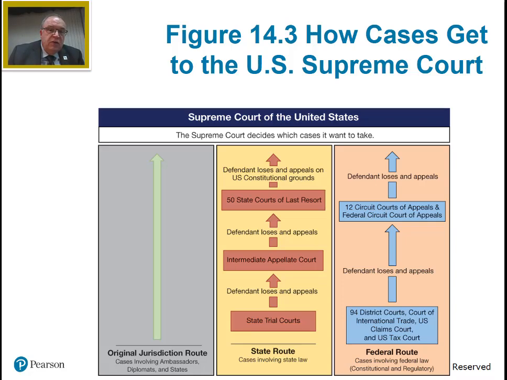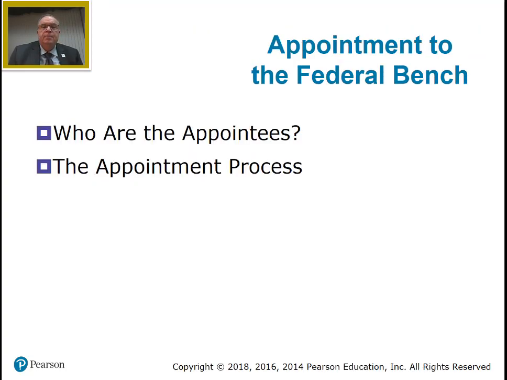And almost 6 of those 7,000 cases are petitions from prisoners sitting in a federal and sometimes a state prison, claiming that they are illegally there. So the great bulk of work that the court sees are basically petitions from prisoners, and only a handful of them. And so ultimately, about 100 to 150 cases get decided every year.